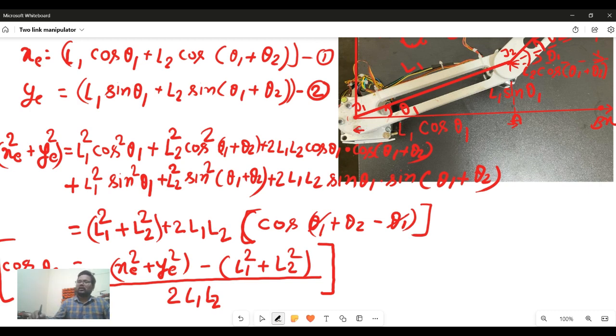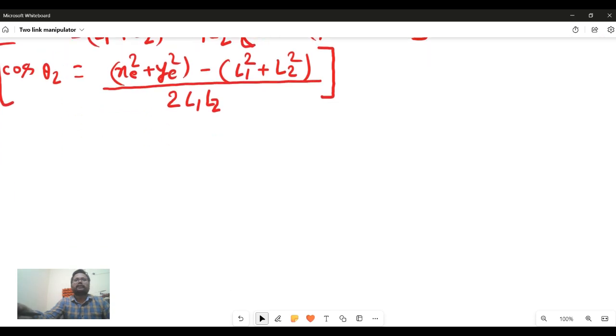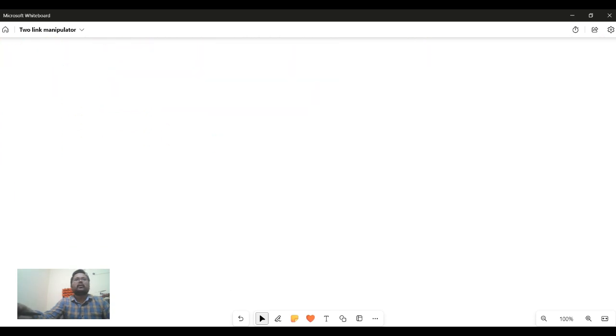Okay. So let's consider theta 1. Now, how can you calculate theta 1? That is a little tricky. So I will redraw this complete picture. Let me redraw first. That will help you a lot.